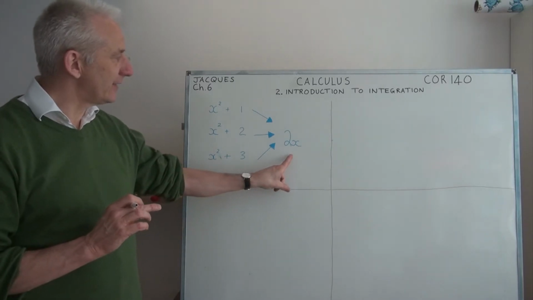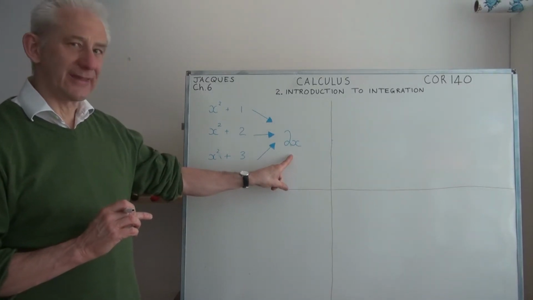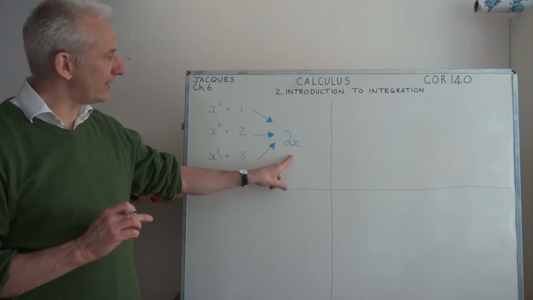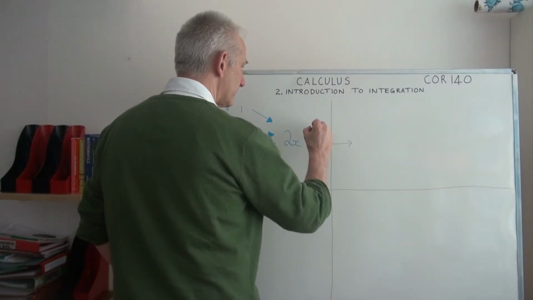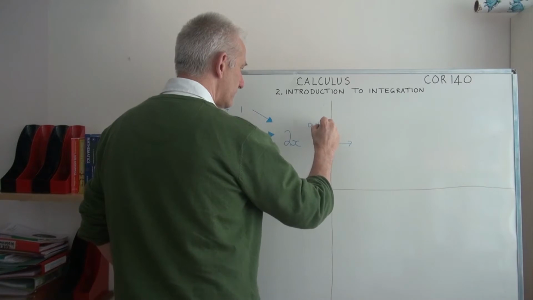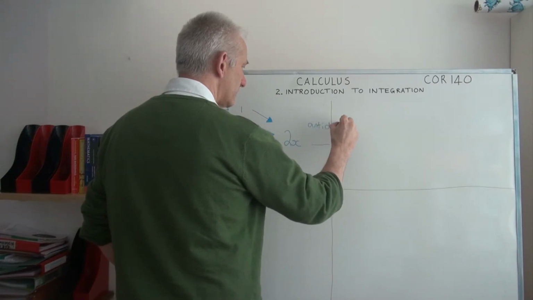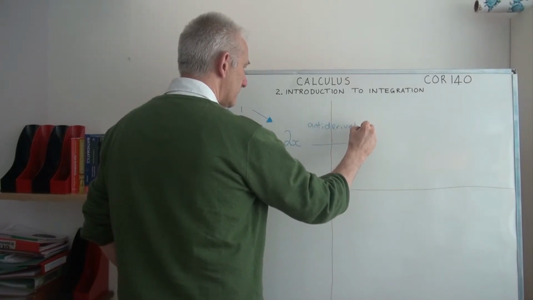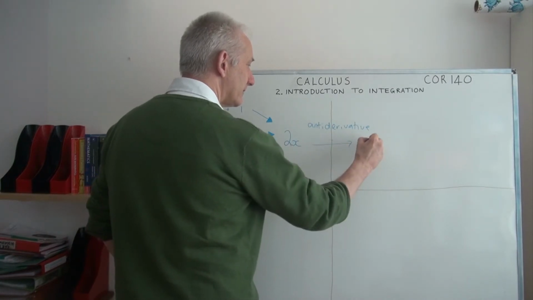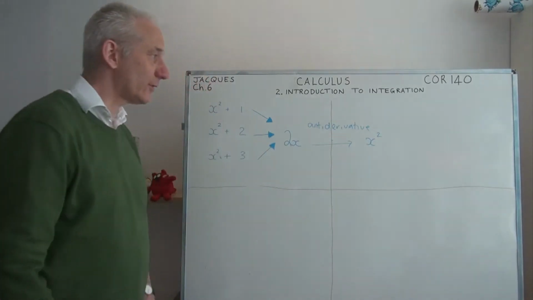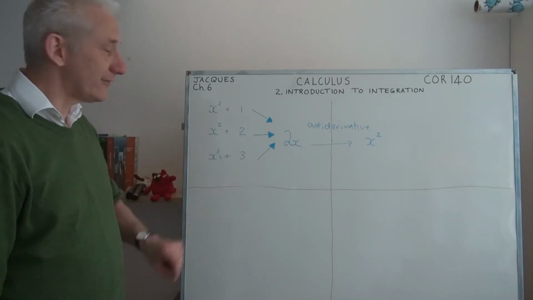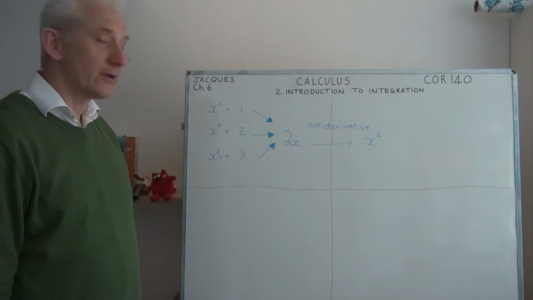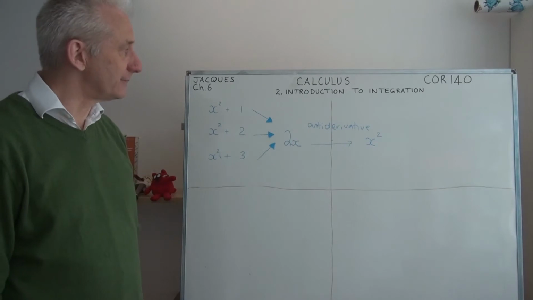So if we now decide we want to apply the antiderivative operation to this, we get x squared, but what we don't get is any of these particular constants on that side.